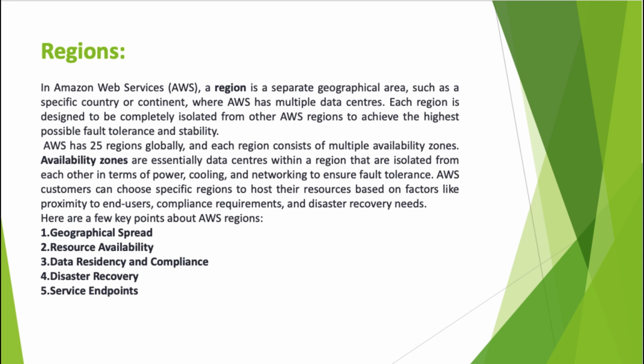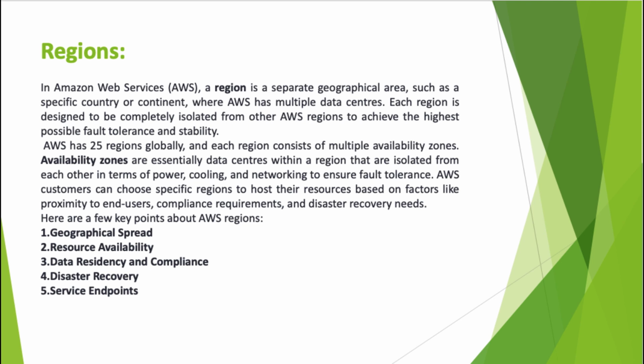Availability zones are essentially data centers within a region that are isolated from each other in terms of power, cooling, and networking to ensure fault tolerance. AWS customers can choose specific regions to host their resources based on factors like proximity to end users, compliance requirements, and disaster recovery needs. Here are a few key points about AWS regions.